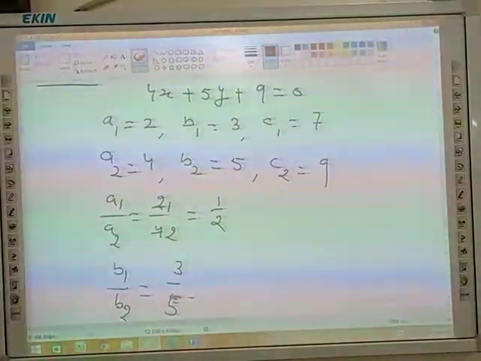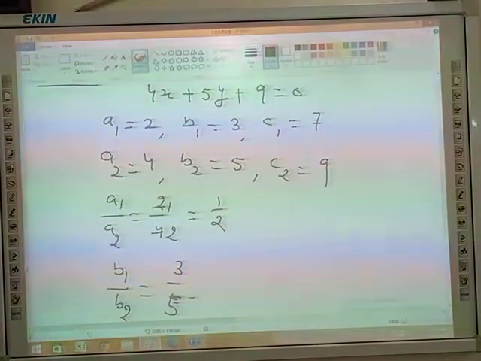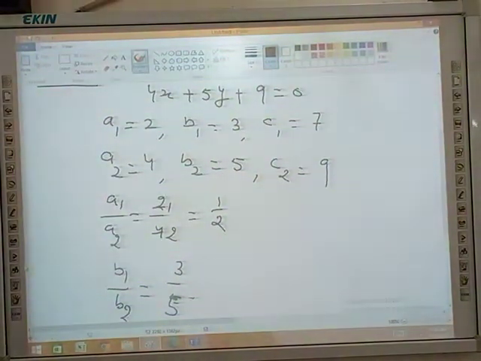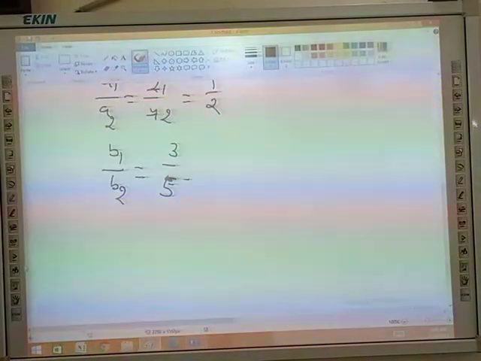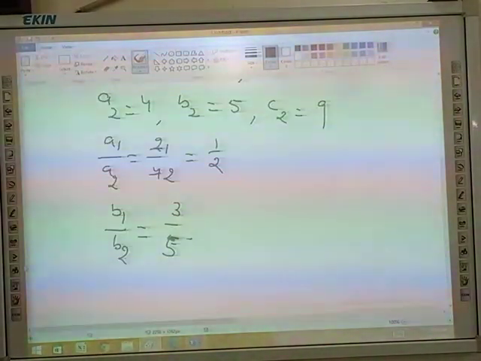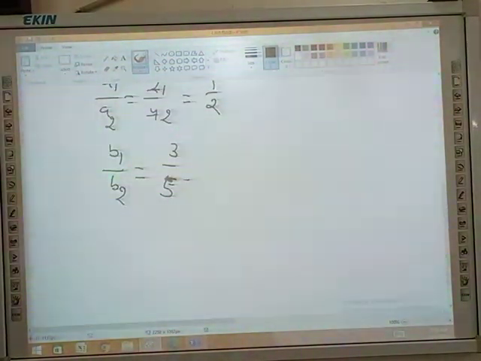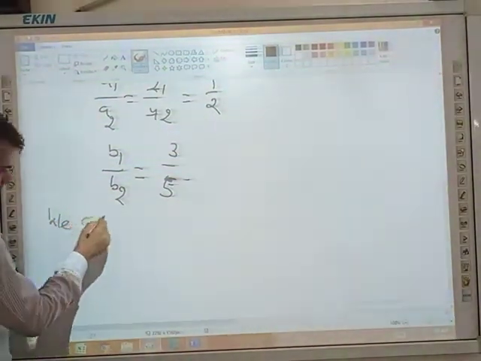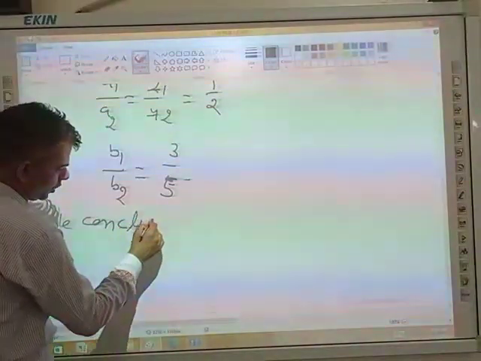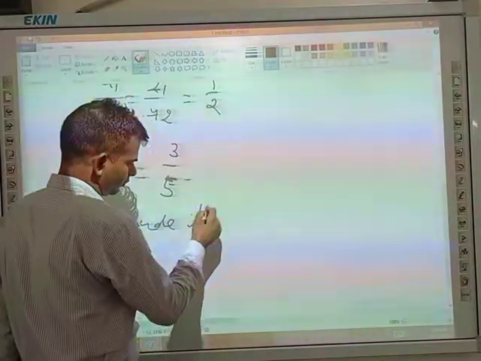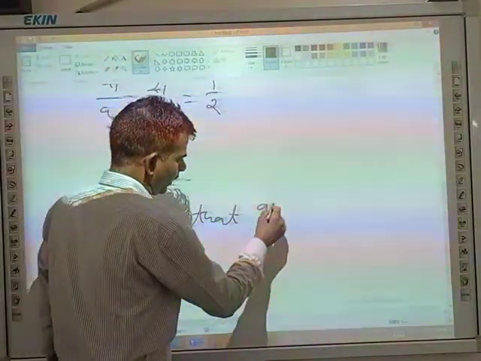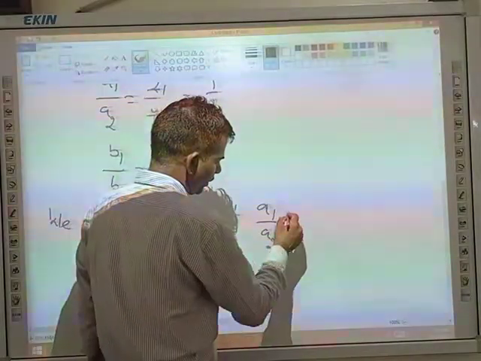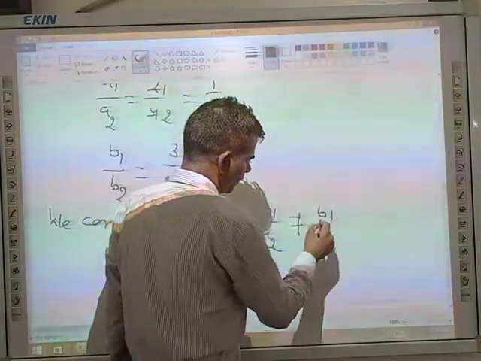Is A1 by A2 equal to B1 by B2 or not? No, sir. We conclude that A1 by A2 is not equal to B1 by B2.